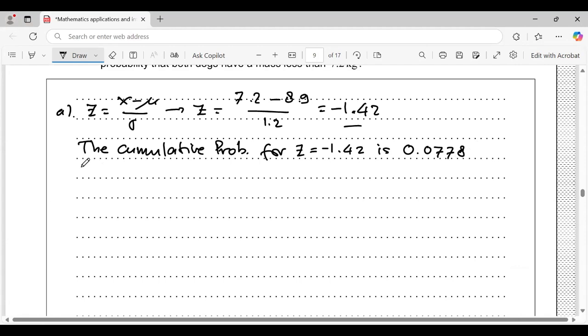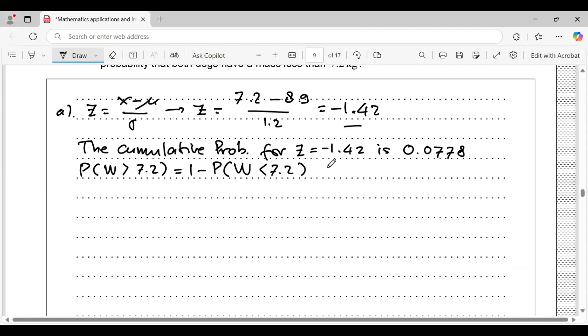So probability W greater than 7.2 equals 1 minus probability W less than 7.2.